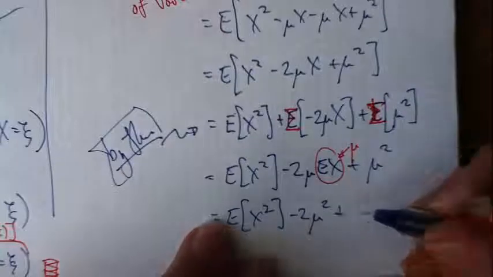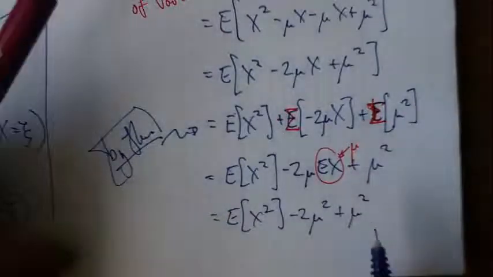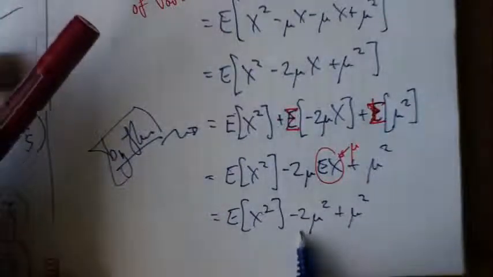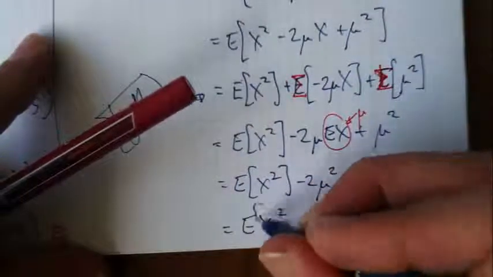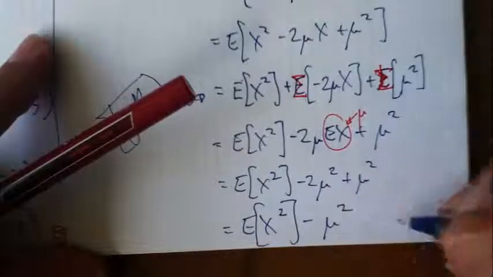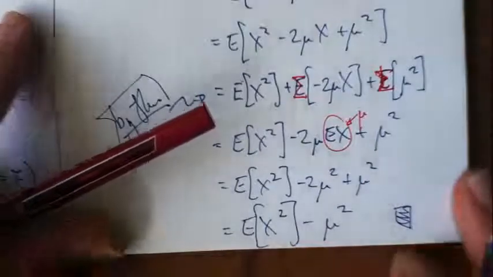Hey, mu squared minus 2 mu squared is minus mu squared. And we're done. Whew. Let's do some examples.